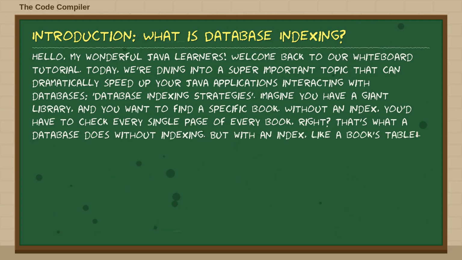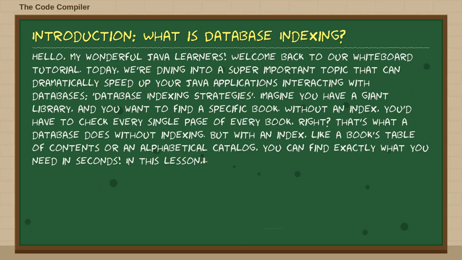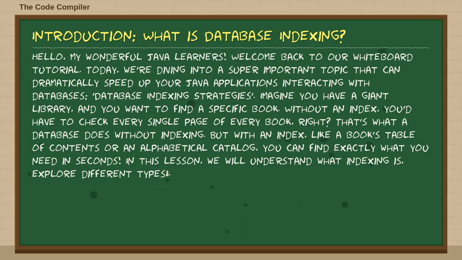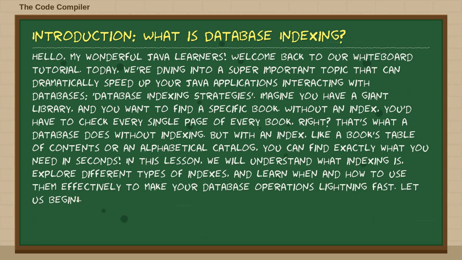But with an index, like a book's table of contents or an alphabetical catalog, you can find exactly what you need in seconds. In this lesson, we will understand what indexing is, explore different types of indexes, and learn when and how to use them effectively to make your database operations lightning fast. Let us begin our exciting journey.